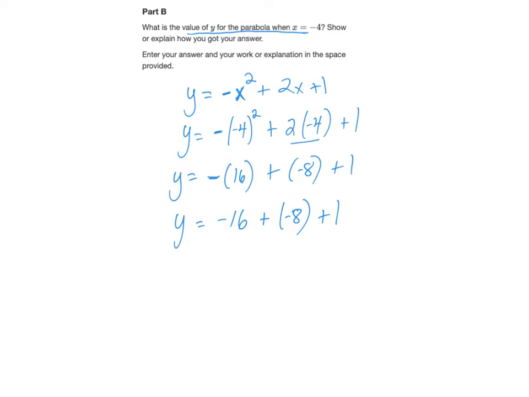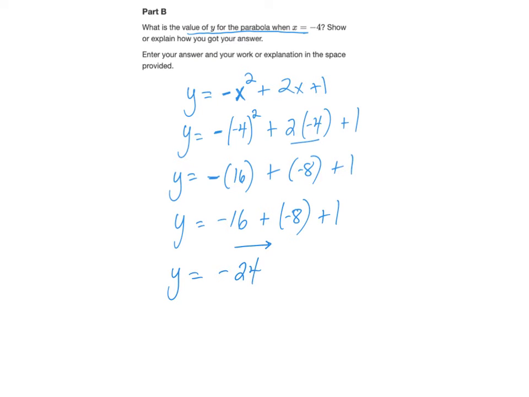I did it so that it separates the addition sign, which is a mathematical operation, versus the negative for the value of 8. So now we follow our left to right rule and we add left to right. So a negative 16 plus a negative 8 is going to give me a negative 24 if my mental math is correct.